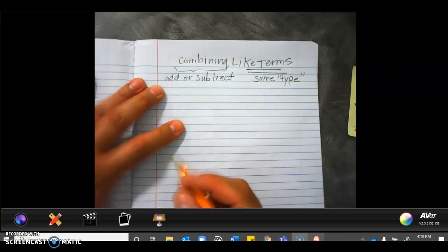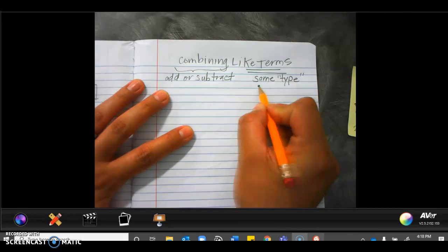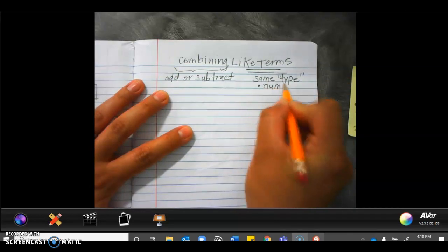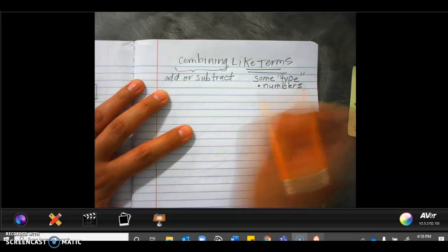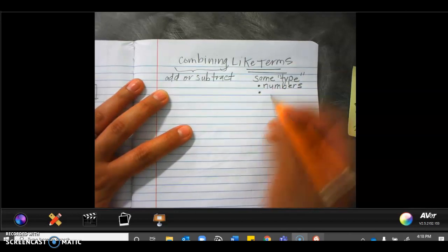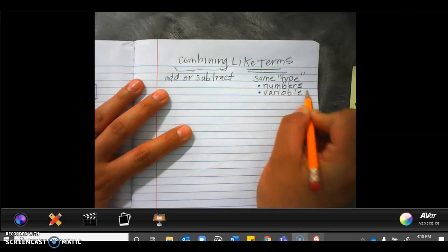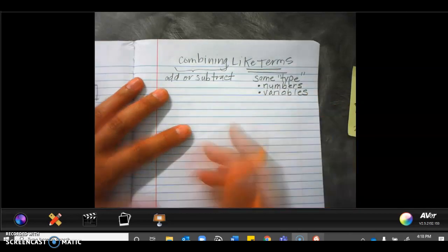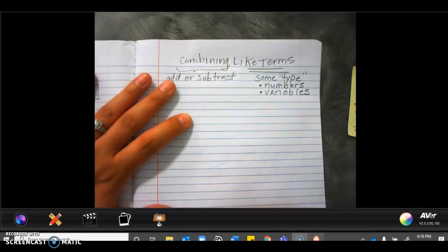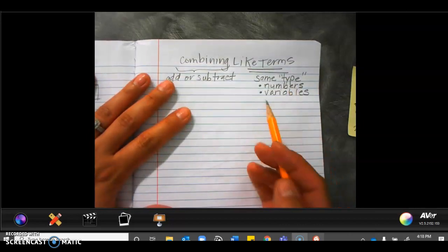And by type, I mean numbers or variables. Whatever you're given in your equation will either fall under the numbers category or the variables category.